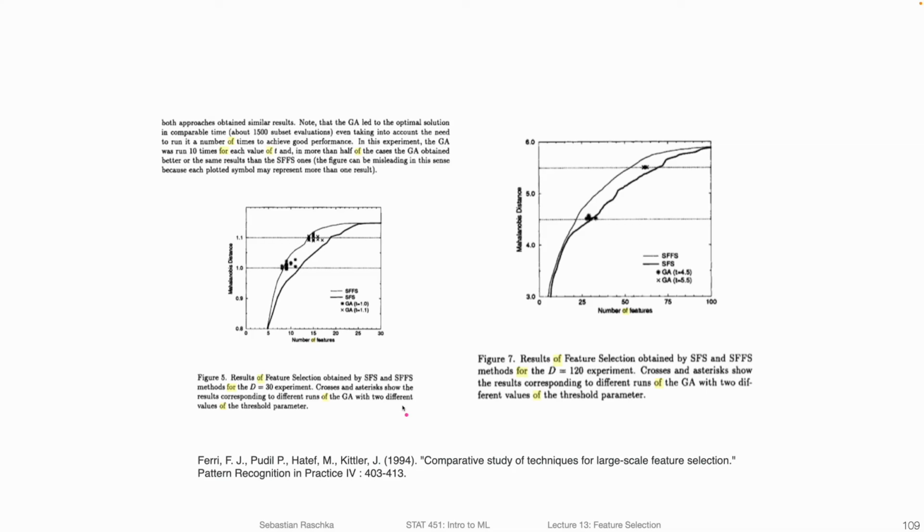Let me get back to the previously mentioned paper one more time. In the paper, they also had a comparison between sequential floating forward selection and sequential forward selection, so the floating variant and the regular variant. Here for reference, this is the regular sequential forward selection, and this is a measure of performance. You can see that the floating variant has slightly higher, better performance, but at the same time it is also a little bit more expensive.